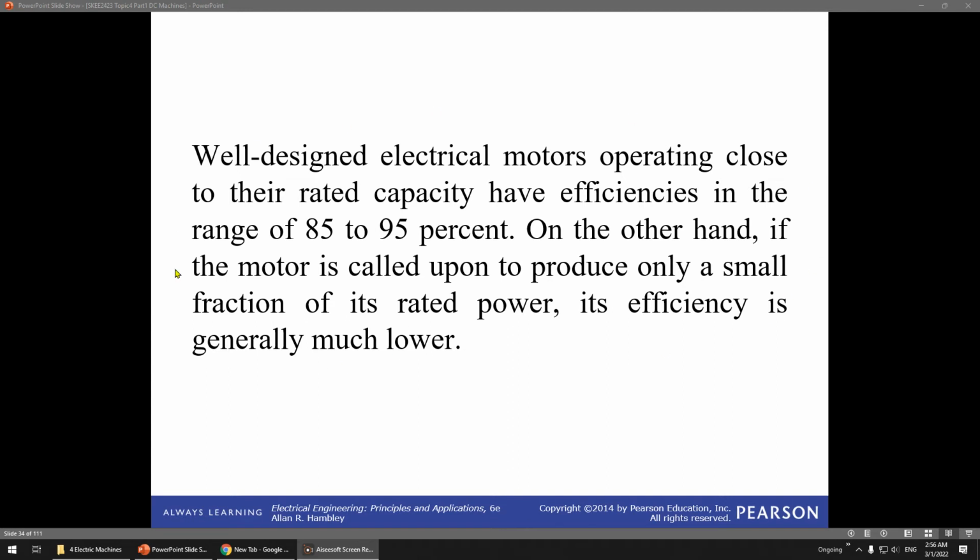This is why when you want to buy a motor, make sure you buy it according to your need. If your output power is 5 horsepower, you have to buy 5 horsepower. If you operate lower than that, it will not be efficient. There are a lot of losses.